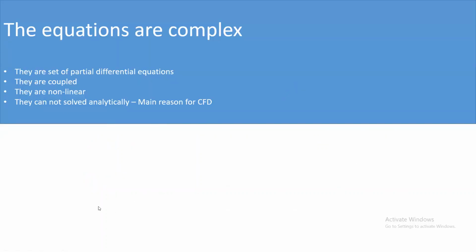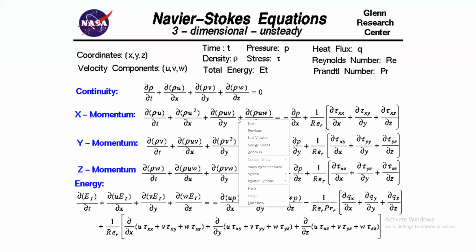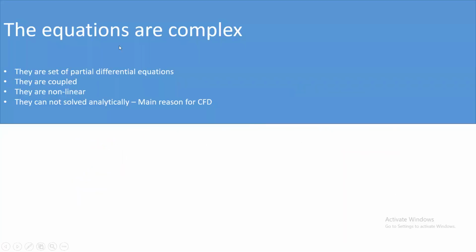Okay. You see those equations. So what are the features of these equations? The equations are complex, it is obvious. They are a set of partial differential equations, PDEs, and they are coupled equations. What do you mean by coupled?